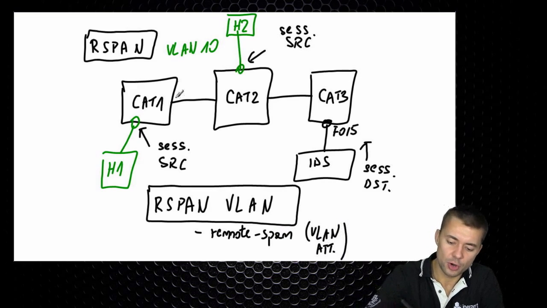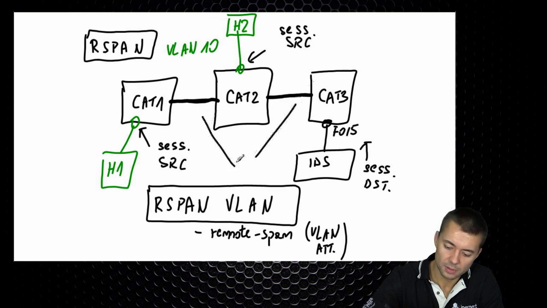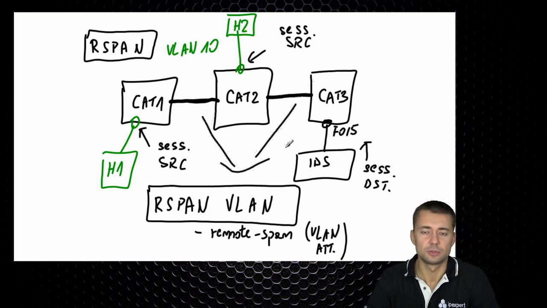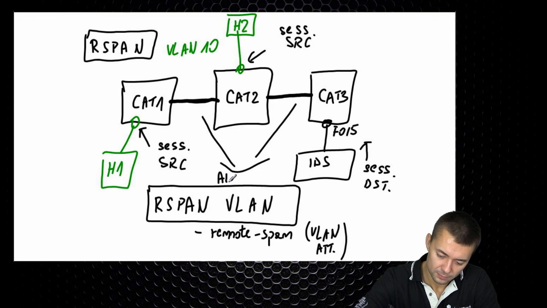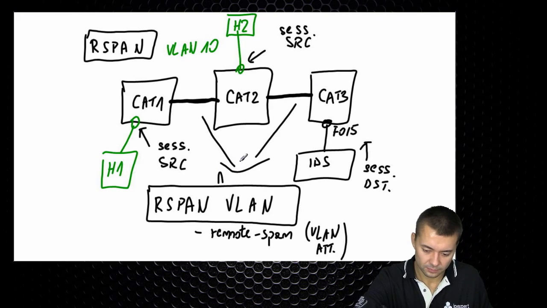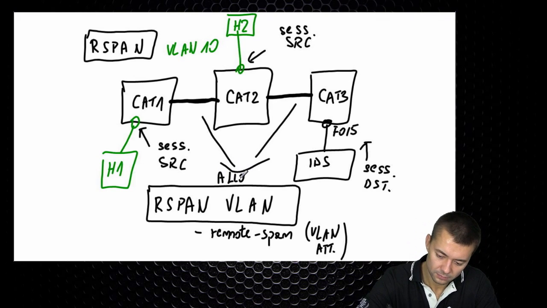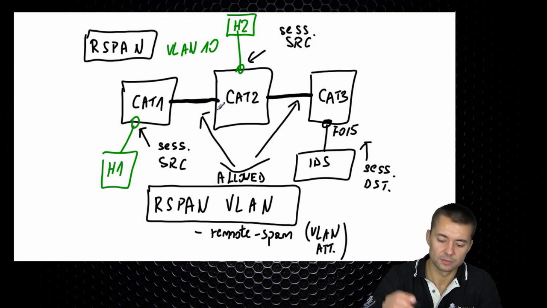And you want to make sure that this VLAN is allowed on the trunks between your sources and the destination. So allowed on the trunks.